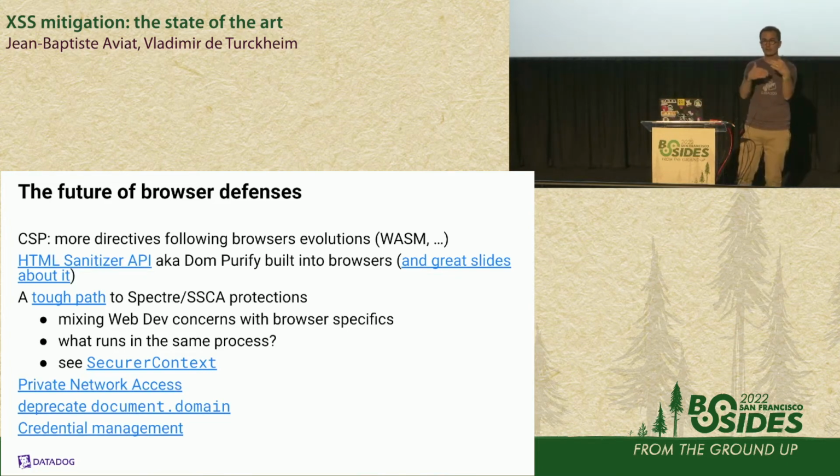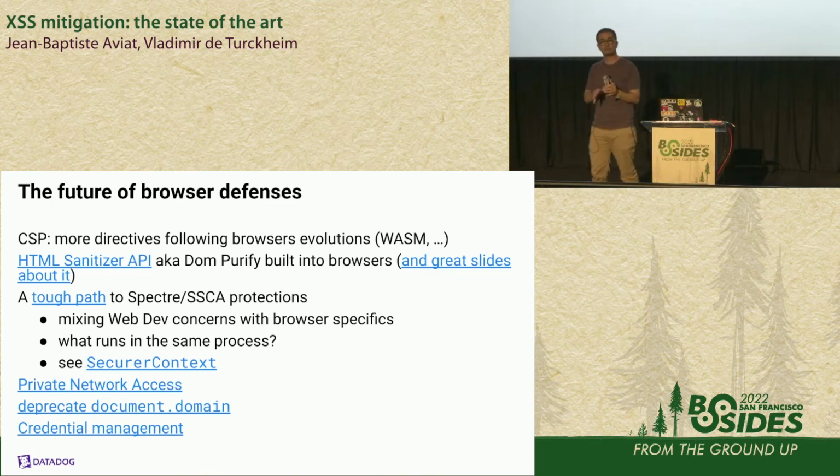You can often exploit mismatches between the DOMPurify parsing mechanism and a specific browser parsing mechanism. And the HTML Sanitizer API will be built into each browser, so the parsing engine of each browser will be used, which should supposedly make it much stronger.